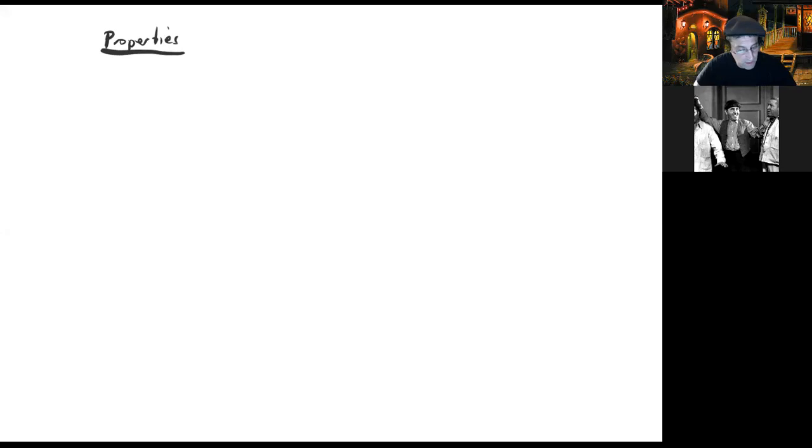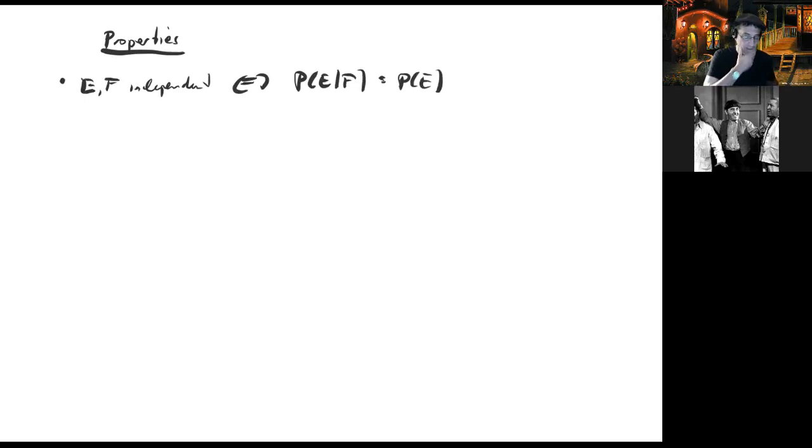So first of all, we saw that E and F are independent if and only if the probability of E conditional to F is equal to the probability of E. Okay, that we saw on one of the previous slides. Here's another fact: if E and F are independent, then that's if and only if E and F complement are independent.